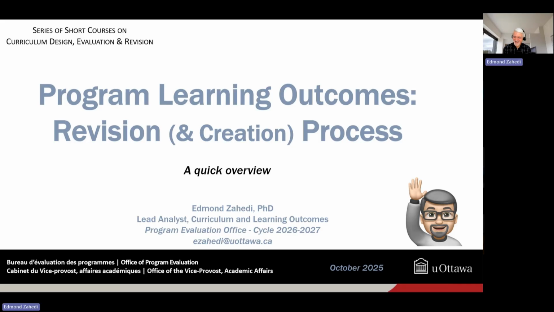Hi, Edmund. I have a specific question about our program. I'm with the Masters of Public Health program, and right now we have about 20 learning outcomes. We have different learning outcomes for our different concentrations within the program.